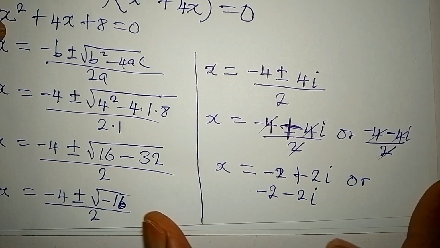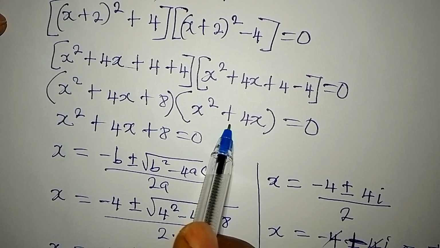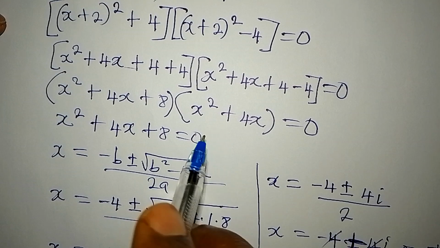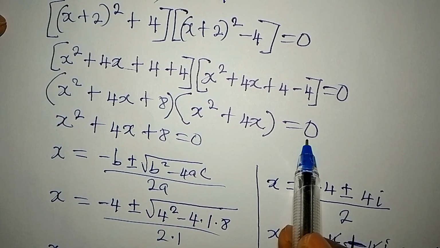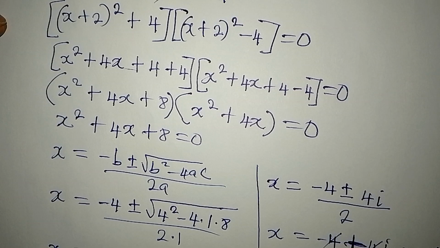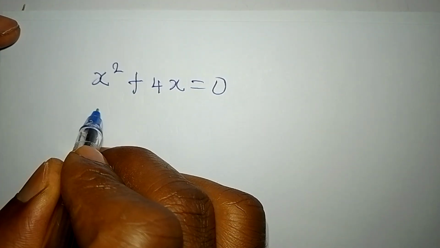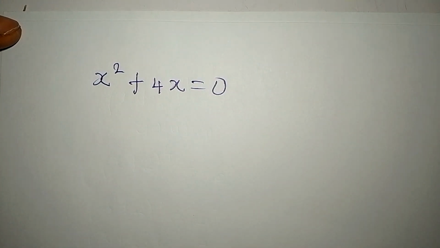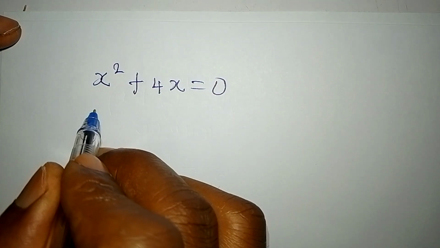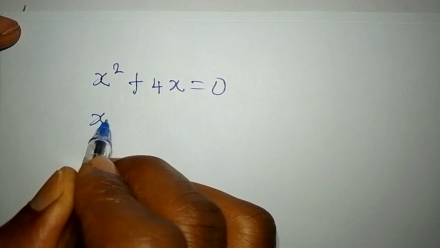Now we are going back to this second factor here, which is also quadratic, x^2 + 4x, and we shall equate it to 0. Now we have a quadratic equation, but this time around we can factorize this because it does not have a constant. x is a common factor.